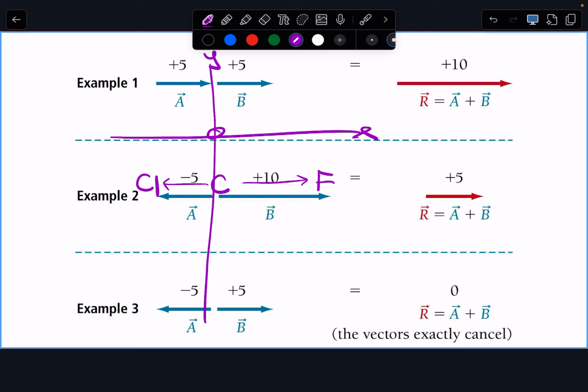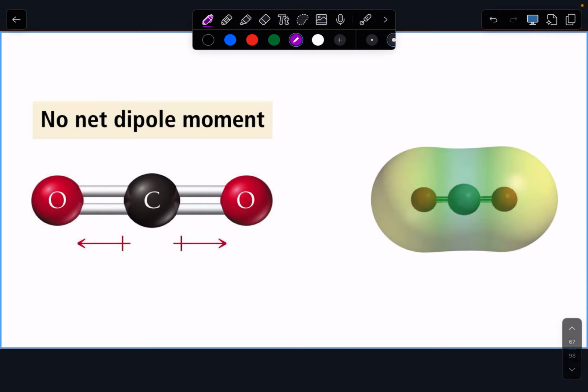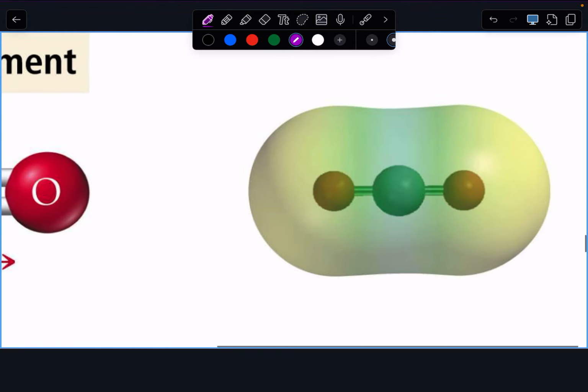Okay, so how does this apply to molecules? We're going to first look at a molecule that looks like example 3, where they cancel each other out. So CO2, if we just think about the CO bond, carbon's 2.5, oxygen's 3.5. So there's a difference in charge there. The oxygen's more electronegative. So as you can see in the blobby picture over here, you're going to get partial negative charges.